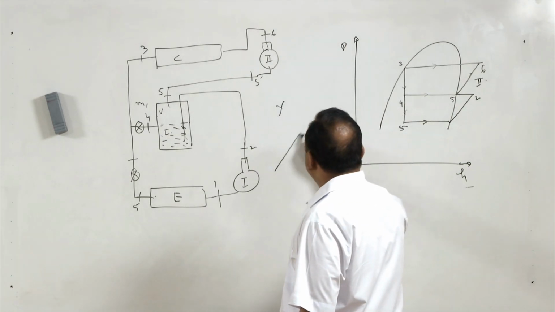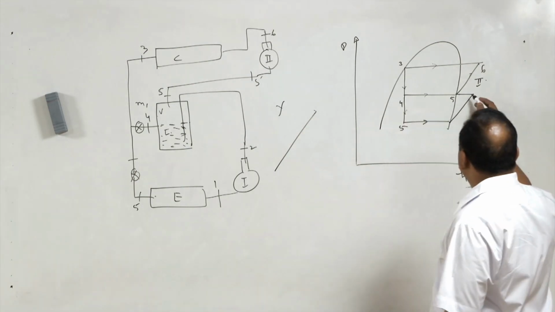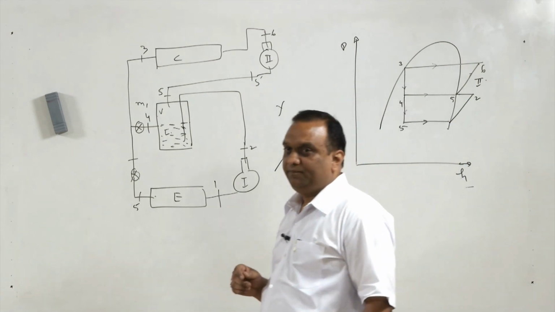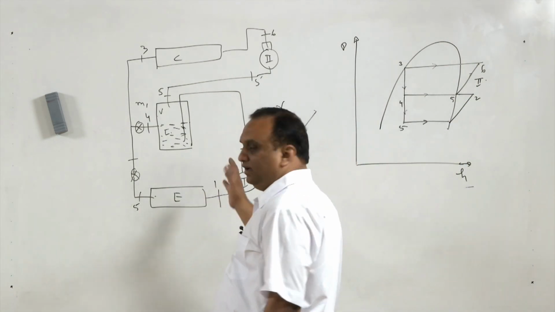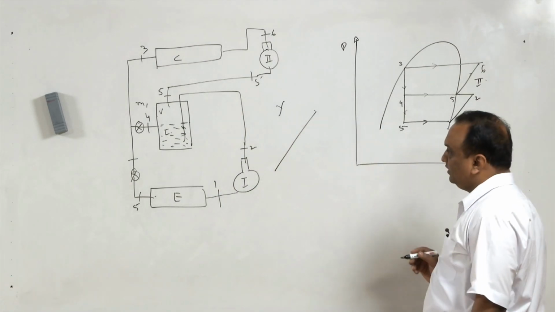That is why the degree of superheat is high in the case of ammonia. And if this type of flash intercooling arrangement is made, then a lot of energy can be saved in compression of refrigerant.